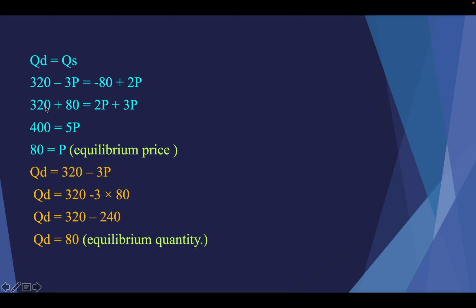Minus 80 goes to the other side as plus 80, and minus 3P goes as plus 3P. Now the price is 80. To find the equilibrium quantity, you can add the equilibrium price into the demand equation or the supply equation. I add the price 80 into the demand equation. Now the equilibrium quantity is 80.